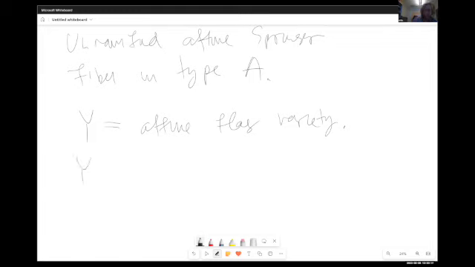And so this is the affine version of the flag variety. And so this is G, which is GLN, with coefficients in the set of formal Laurent series in a variable T, modulo GLN with coefficients in the ring of formal power series.